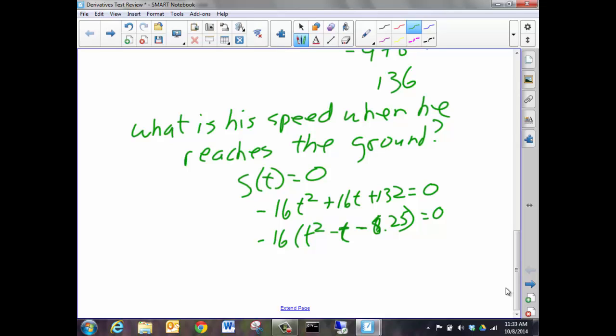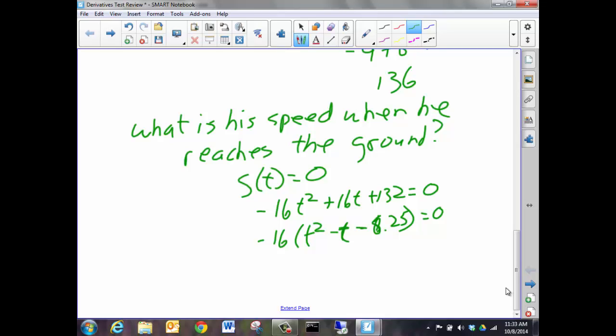You wouldn't have to. Yeah, we could take out a positive 16, but then we've got a negative t squared. That makes it ugly if we're trying to factor stuff. And you could just use that and use a quadratic formula if you wanted to. Okay? But any of those we would do, then we're going to get two answers here now. We're going to get two answers, one positive and one negative.